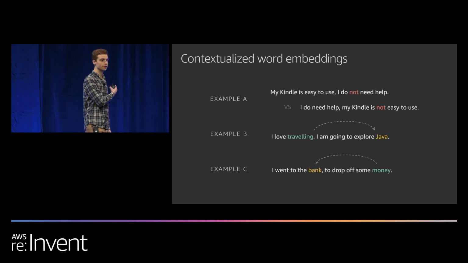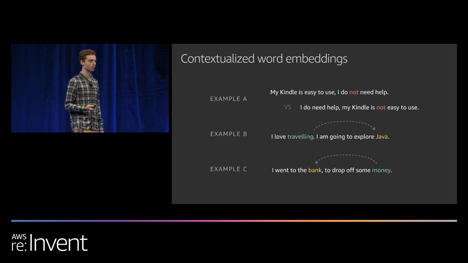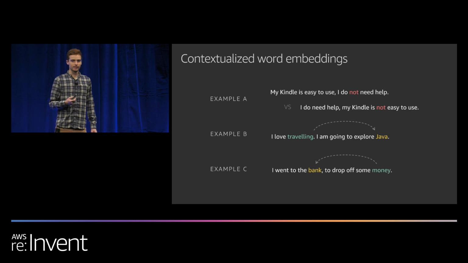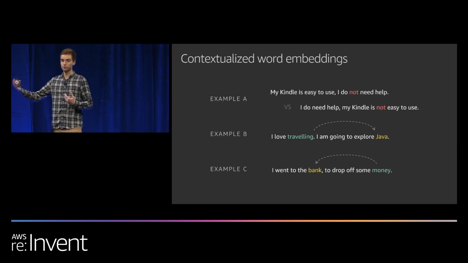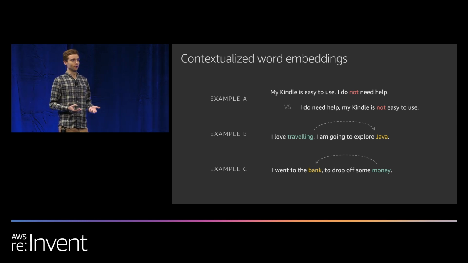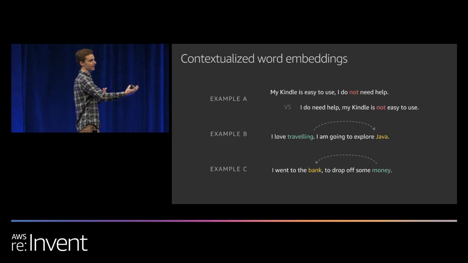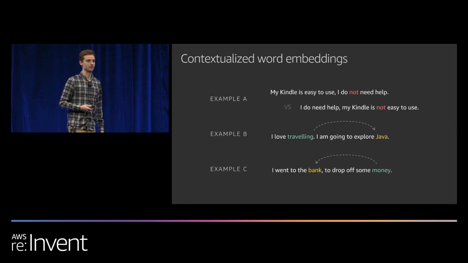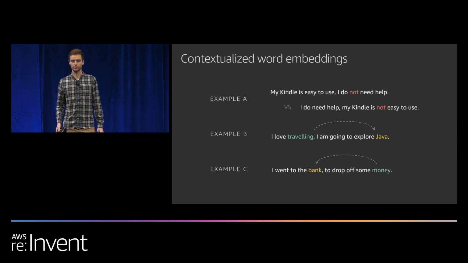So we need to take that context from before into account before deciding on what the embedding should be for that word. And then in example C, this shows that the context could actually come from the future as you're reading sequentially. If I went to the bank, could be a riverbank or it could be a financial institution. So you get to the word money and then you know what the word bank means. So we need to include some of this context before creating the embeddings.